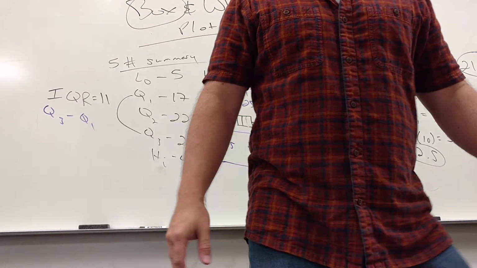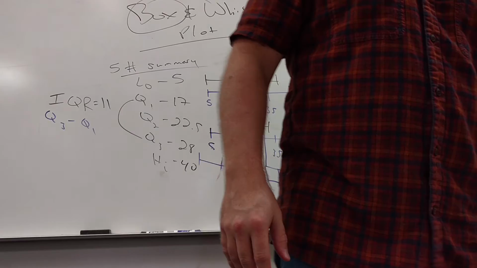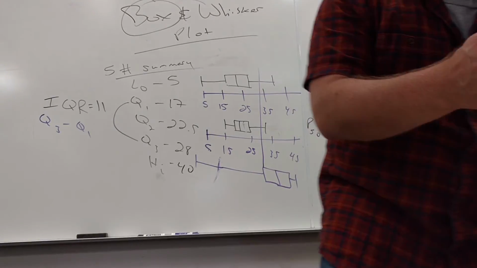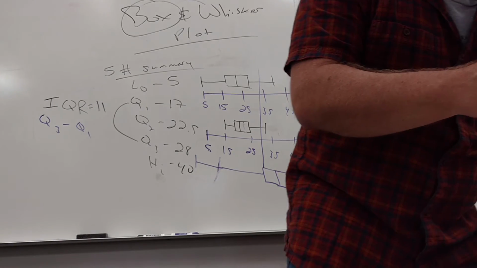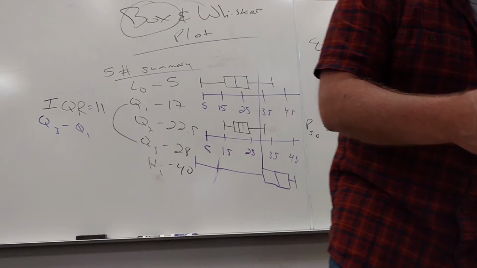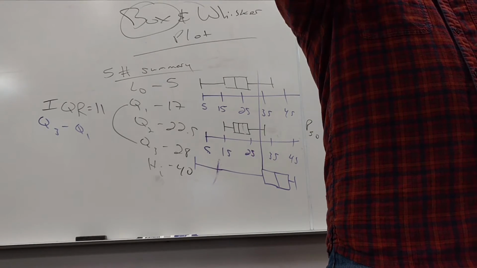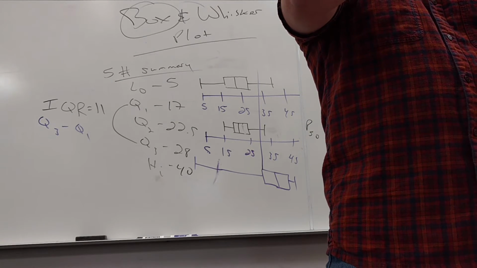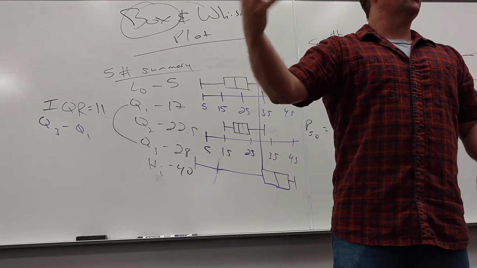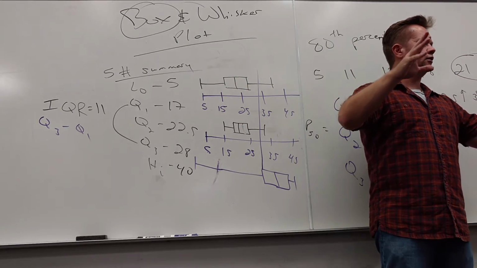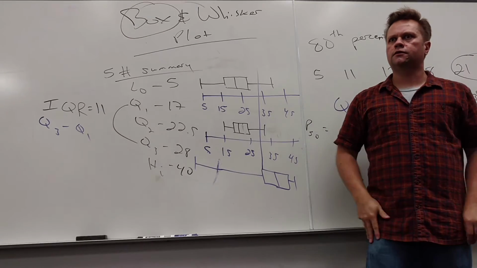I'm good with boxes and whiskers. To be honest, we just did up through section 2.4. 2.3 and 2.4 really should be one section, because once you understand percentiles and quartiles, this is just drawing a bunch of lines over the numbers. But they make it two different sections. I don't know why.